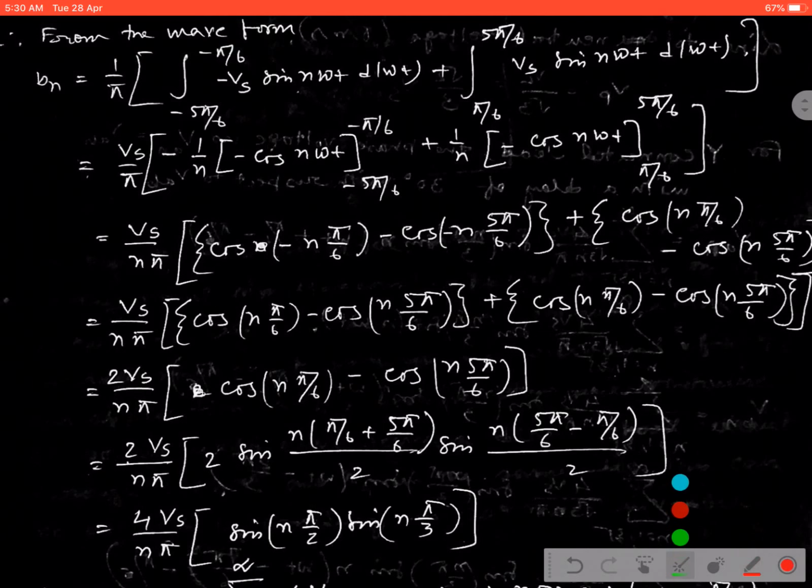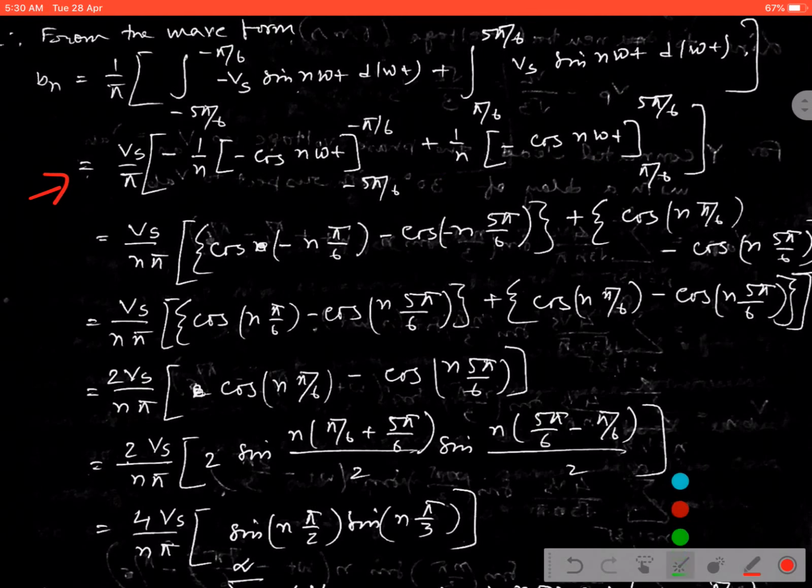See, in this equation, this is the negative part, due to the negative peak, and this is the positive peak. So integrating both sides, sine n omega t gives 1 by n times minus cos n omega t. It's a simple derivation part.